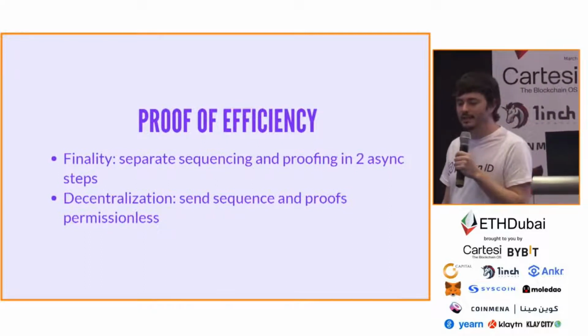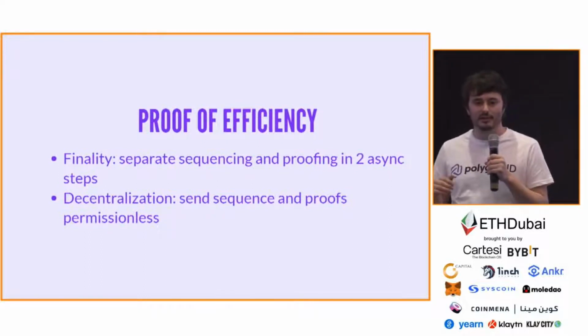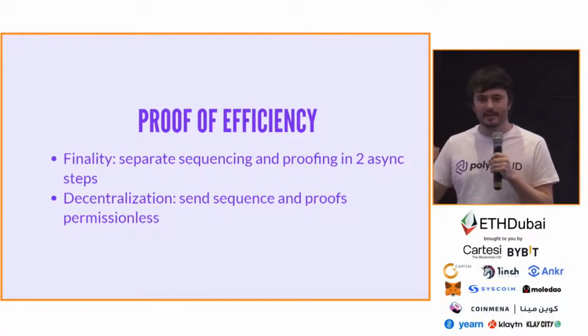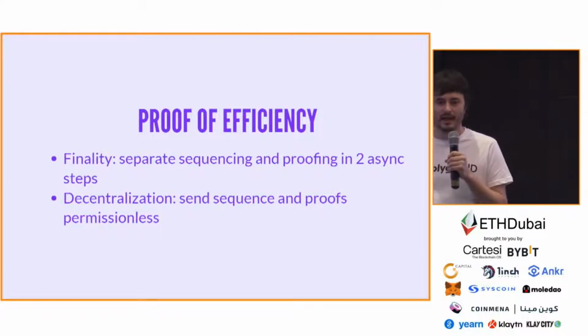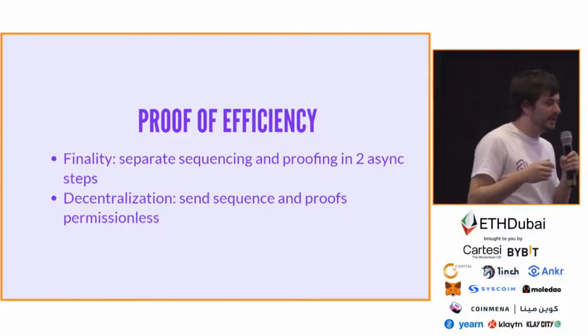So in order to solve this, we came up with a consensus protocol that we call proof of efficiency. The main idea is to split the sequencing from the proof generation, and that enables a permissionless system in which anyone can participate.